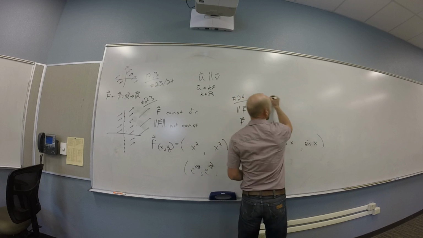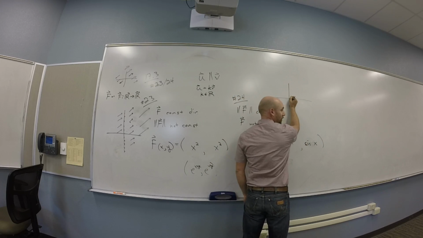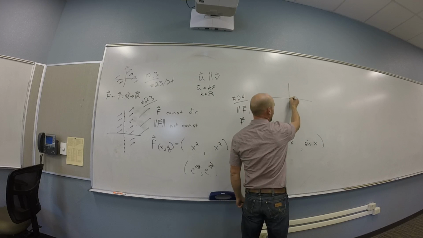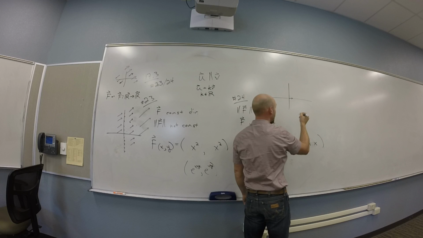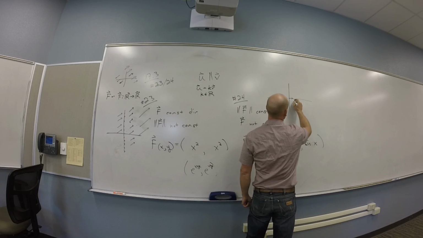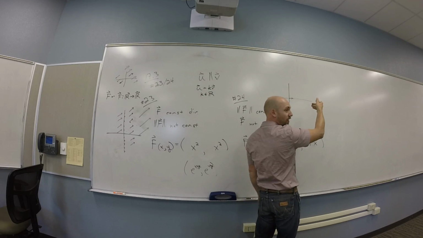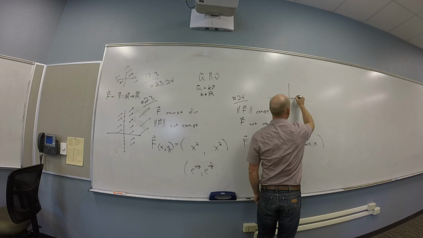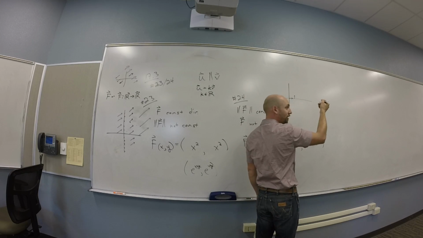This thing's cool, actually. As you go from 0, at 0 this thing points straight right, 1 unit long. At pi over 2, it points straight up. It's still 1 unit long.